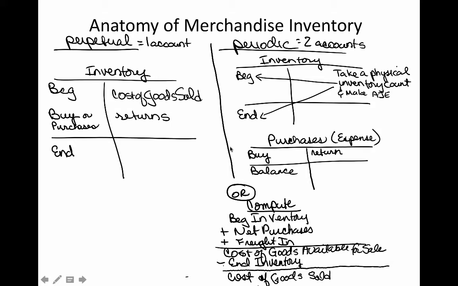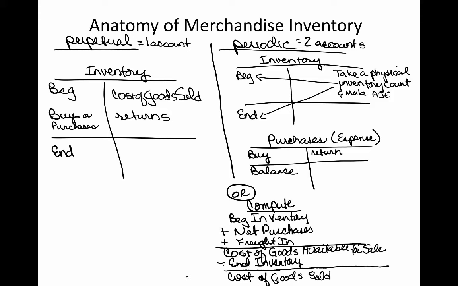Under periodic, though, you have two accounts. One is inventory, and the numbers that you find in inventory are as a result of taking a physical inventory, and that's the actual physical inventory that you have. And then you have a separate account called purchases, where you track your purchases or your buying of inventory during the period.